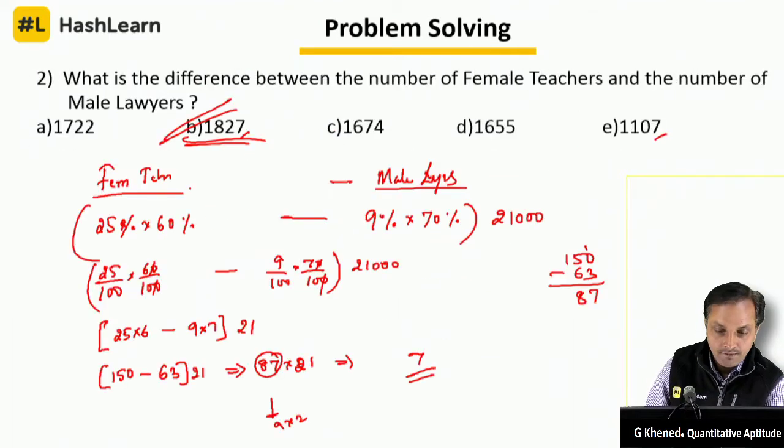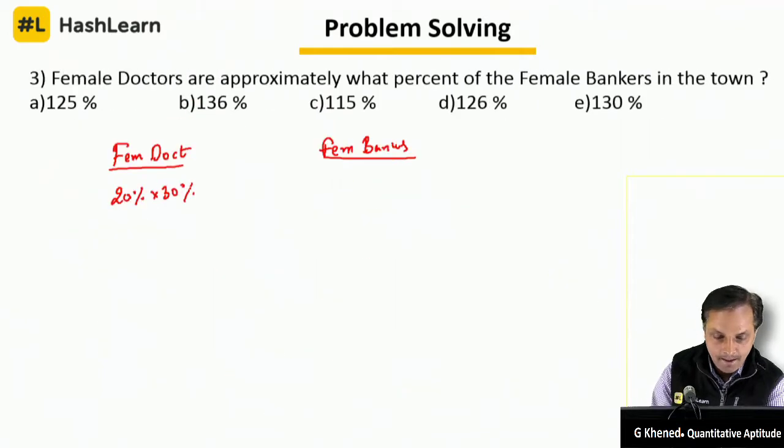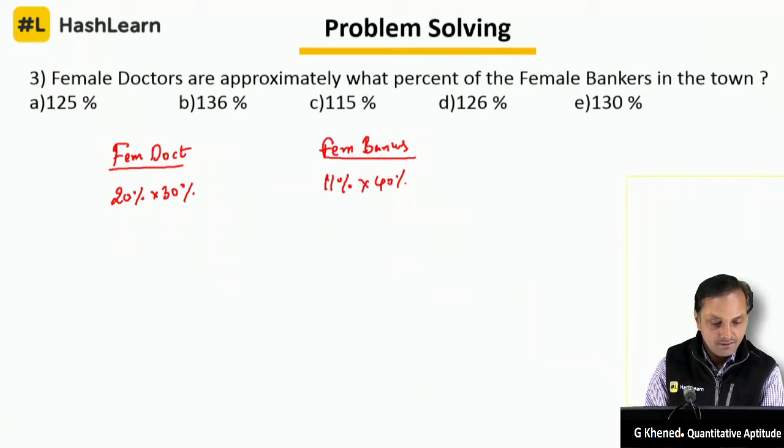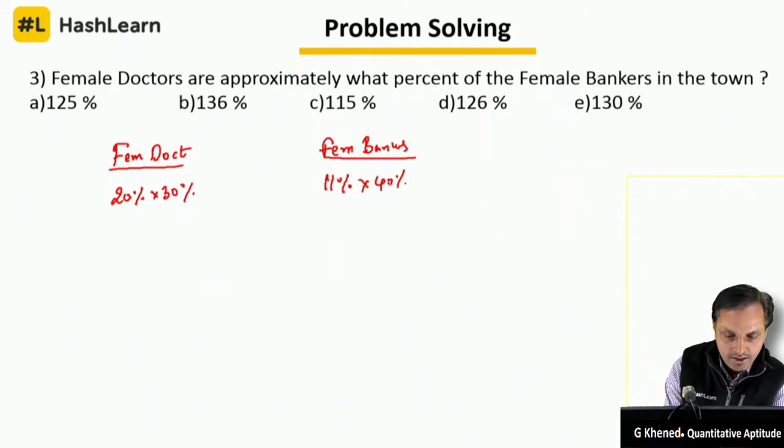Then female bankers, bankers is dark blue. So female is 40% into 11%. So 11% into 40%. So what you can do here is just take the numbers.